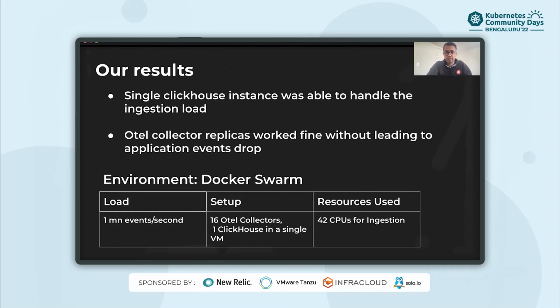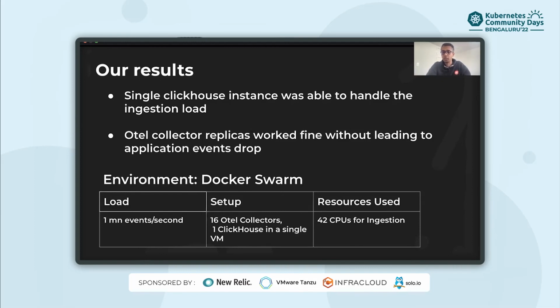So we started generating data of around 1 million events per second. We had it in a single Docker Swarm setup, and this was not a Kubernetes setup. It was a single virtual machine, a 96 CPU or 72 CPU virtual machine, and we used 16 OTel collector replicas, but a single VM instance, right?